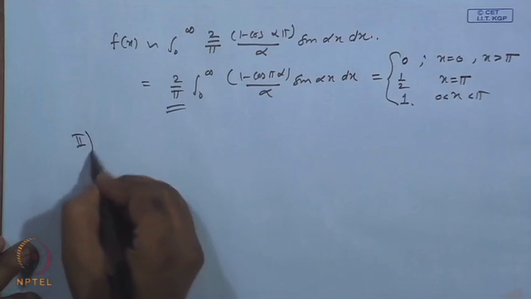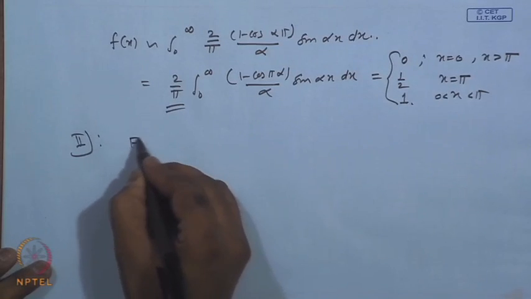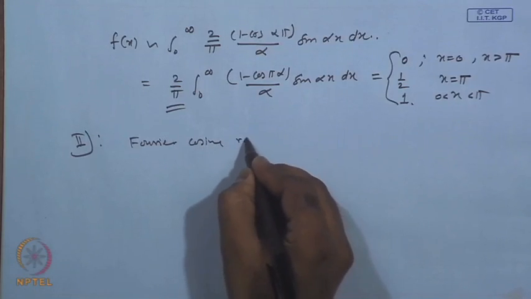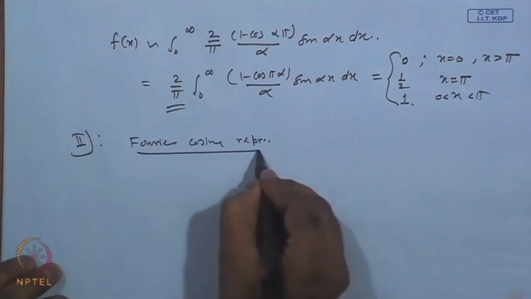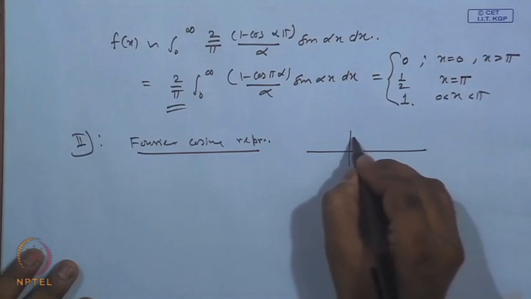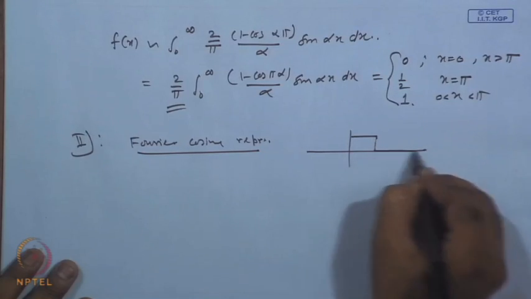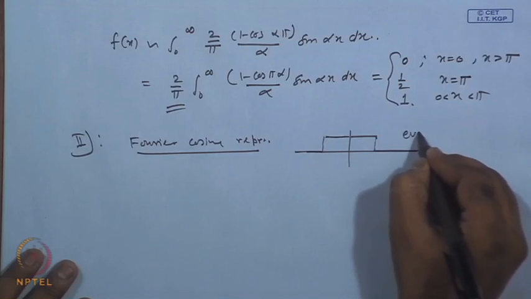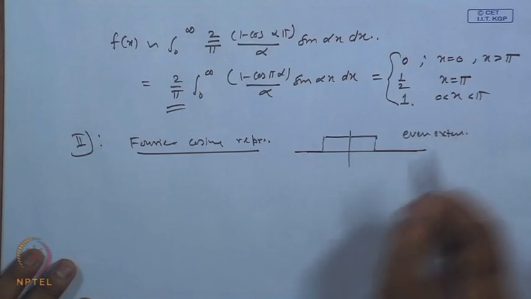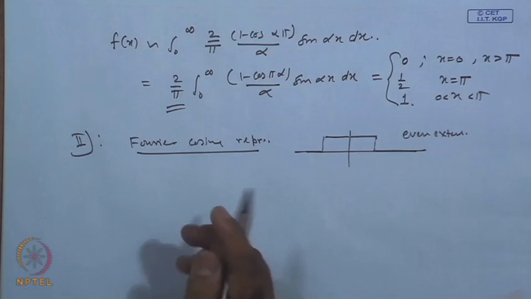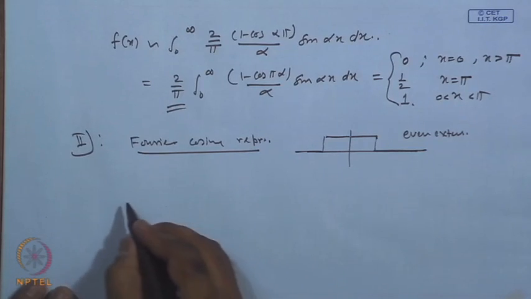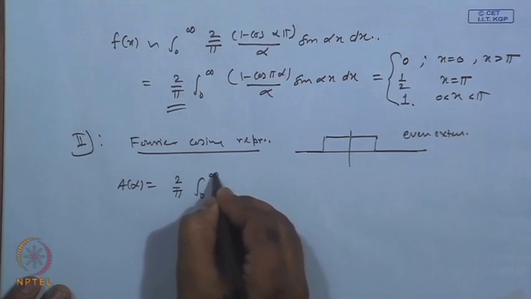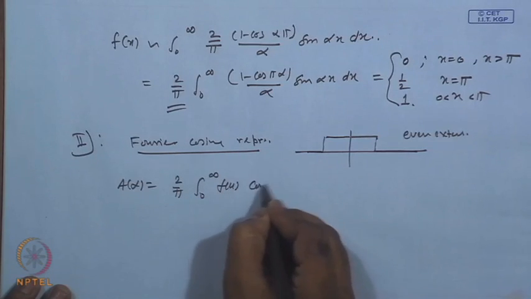So, now the second, Fourier cosine representation. In this case we will extend this function as an even function. So, it is an even extension, and in this case b alpha will be 0 and this a alpha we can calculate by 2 over pi, 0 to infinity f u cos alpha u du.